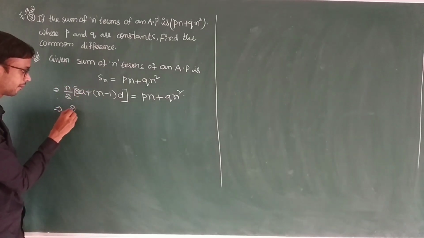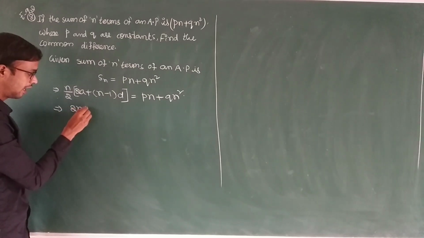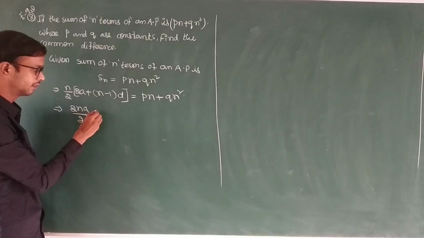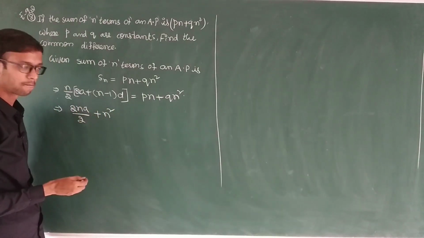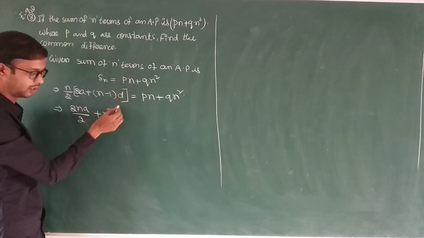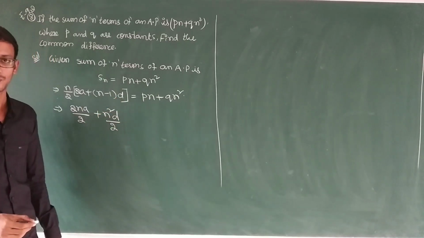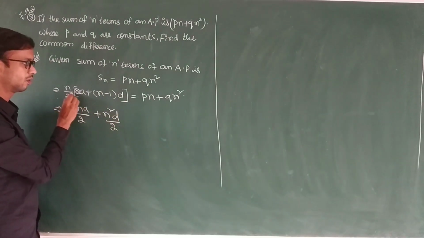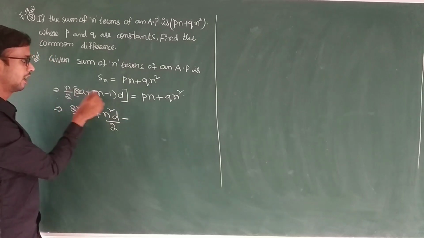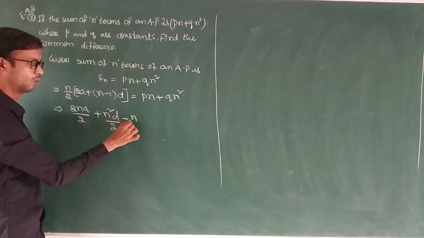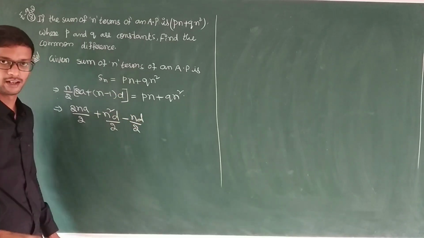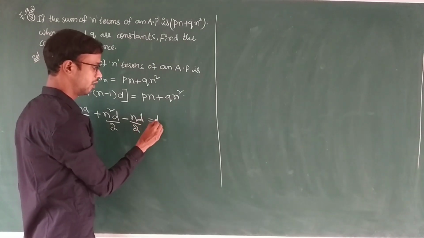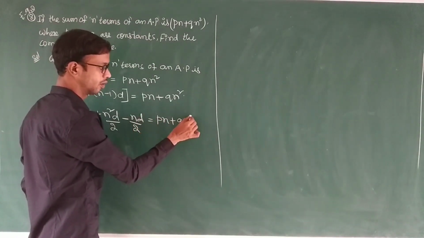We get 2na by 2, then n into n, n square, into d, that is n square d by 2. Next, minus n by 2 into d, which is nd by 2. This is equal to Pn plus Qn square.